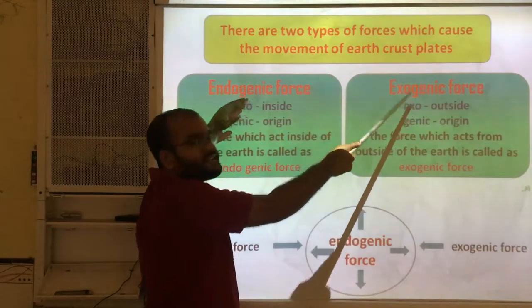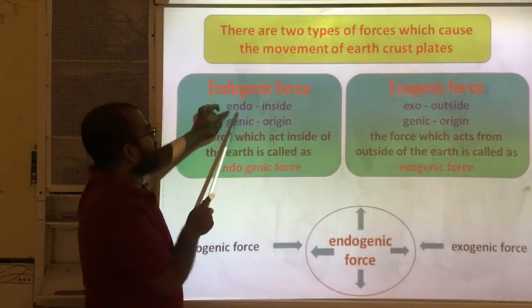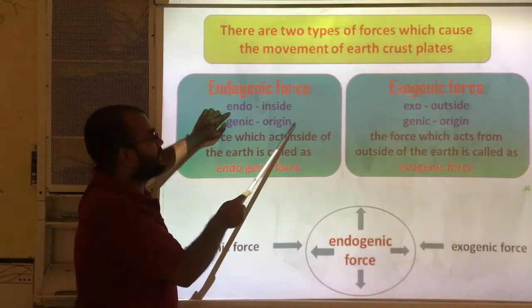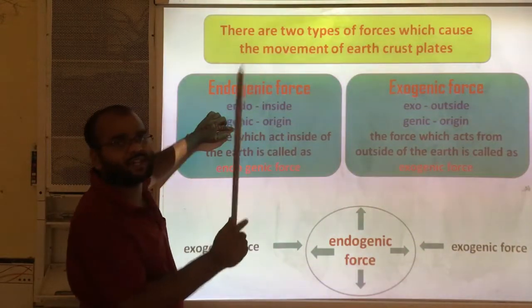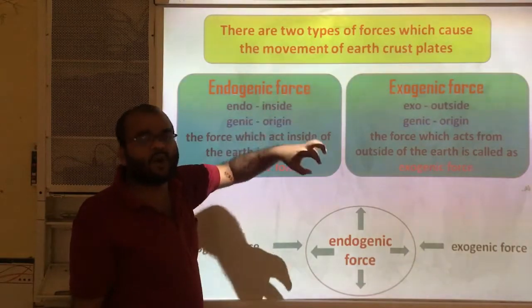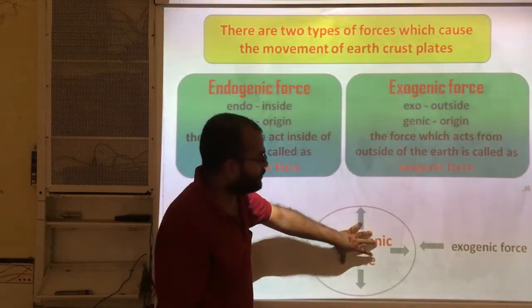Now let us see the meaning of endogenic and exogenic. Here endo means inside. Genic means origin or birth. So the forces which are born inside of the earth. See this figure.